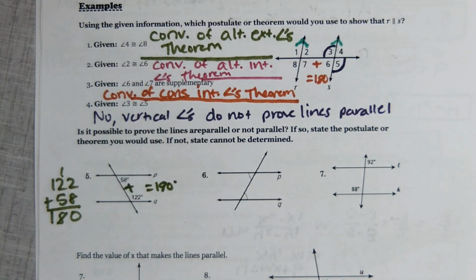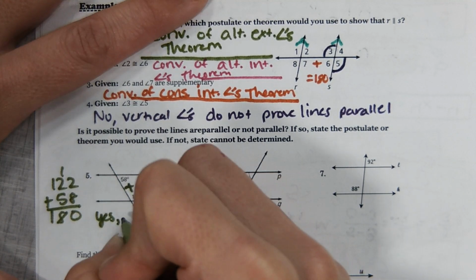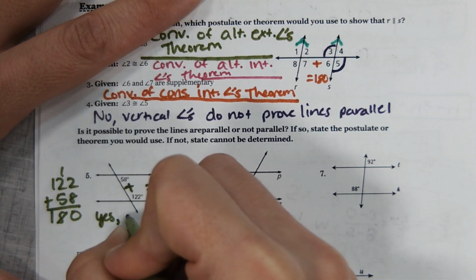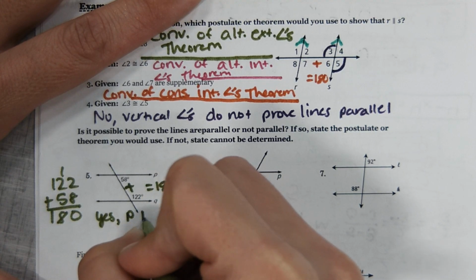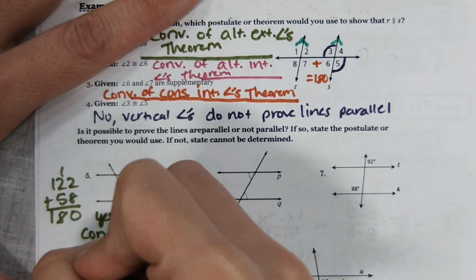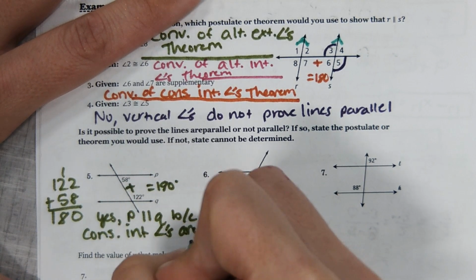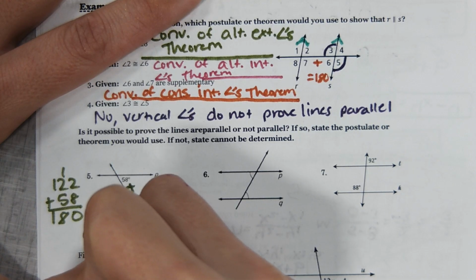Okay, I get 180 degrees. So yes, P is parallel to Q because consecutive interior angles are supplementary.